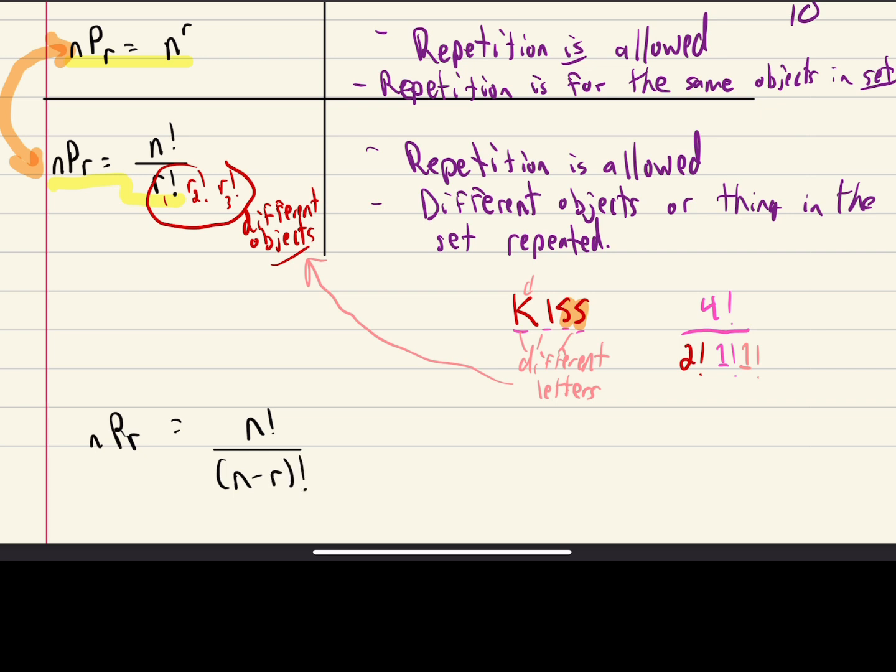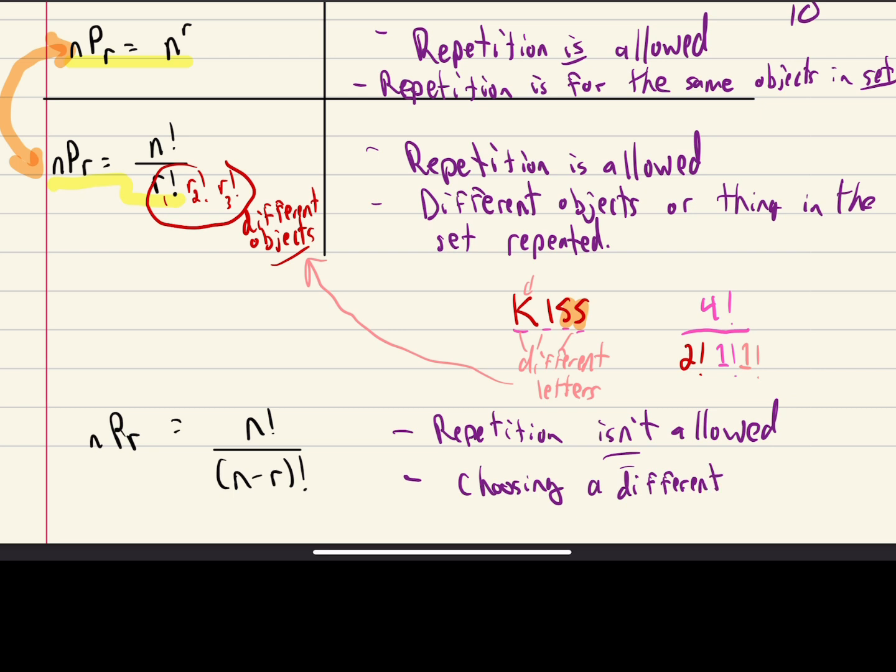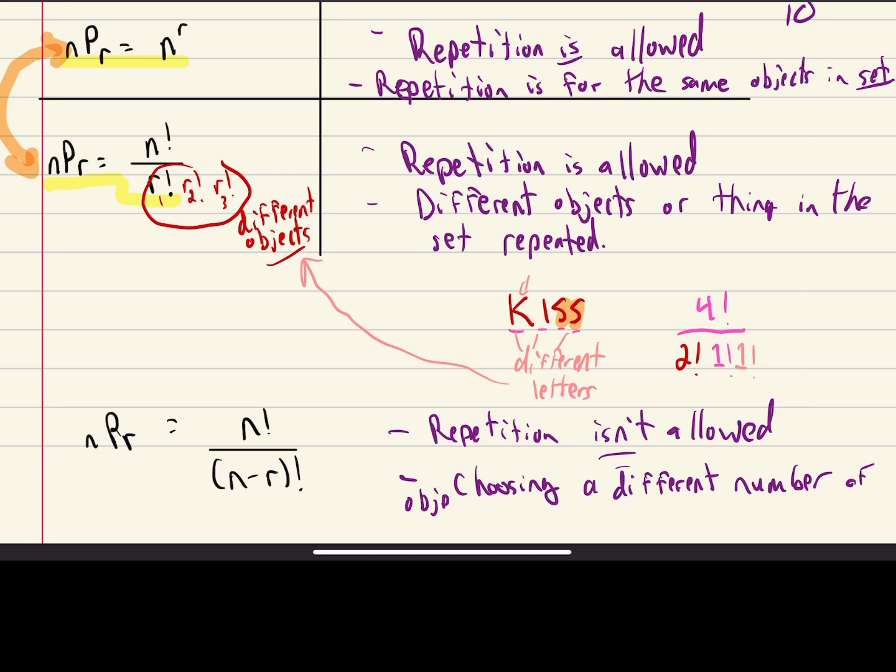So the conditions that are needed for this one are that repetition isn't allowed, and the second thing is that you're choosing a different number of objects from the set total. What does that mean?